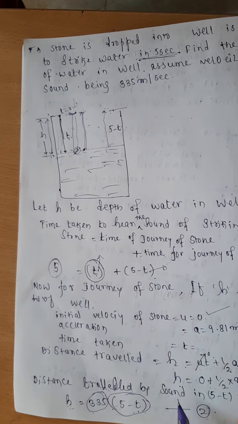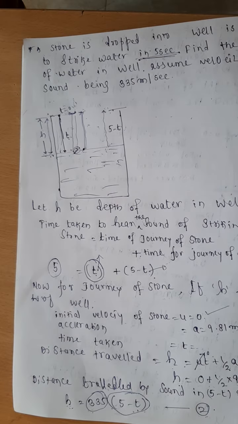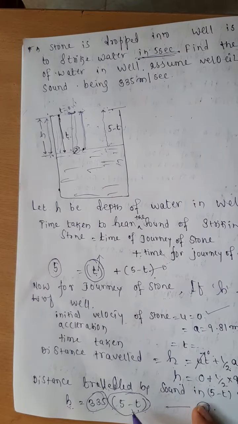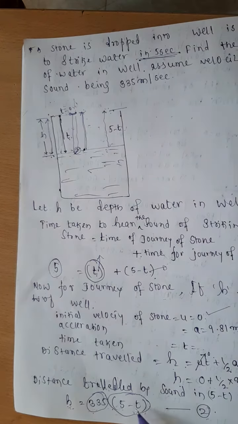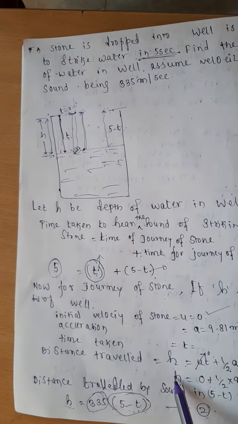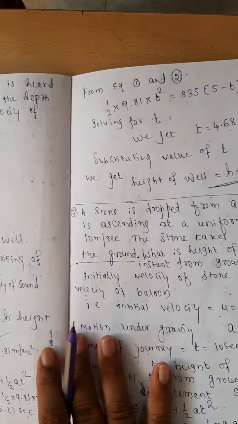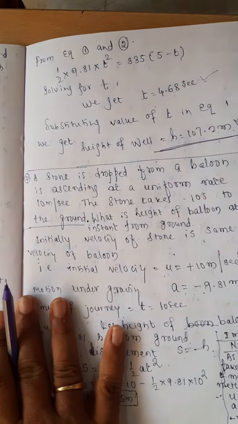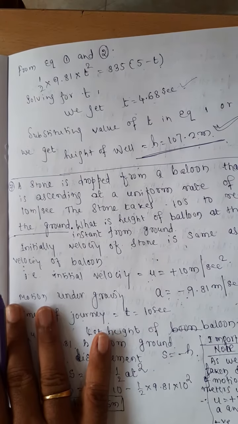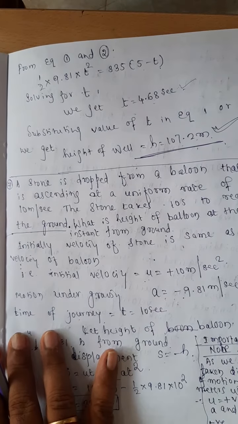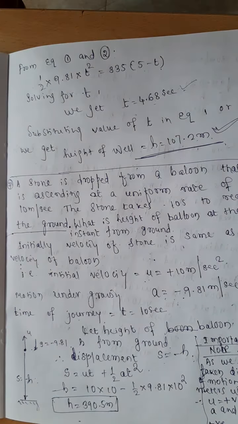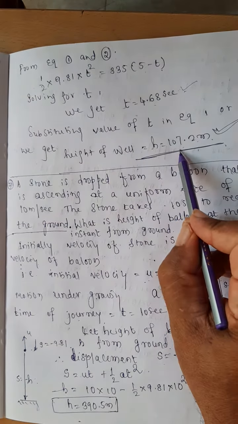And the distance travelled by the sound is again h is equal to 335 into 5 minus t. So both equation 1 and 2 are giving me the h. Therefore, equate them, you will get the value of t. Once the value of t is known to you, you can substitute in any one of the equations. You will get the value of the height, the depth of the water from the surface. That we got, it is equal to 107.2 meter.